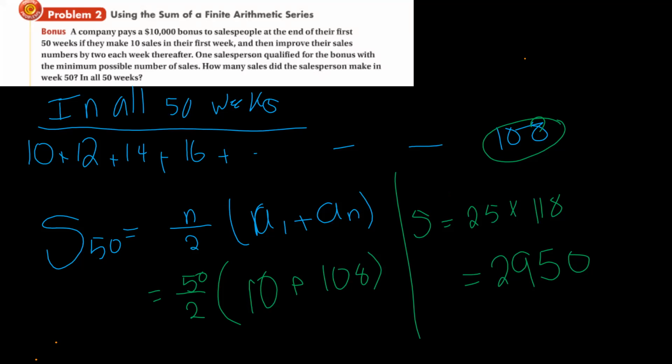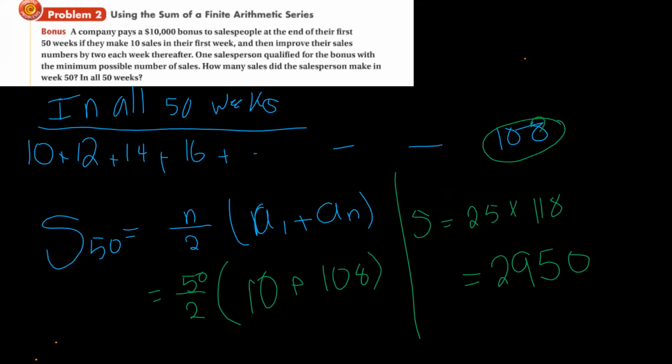Now, how many sales did he make in week 50 only? 108. So the difference between them, like the previous one, what is his grade on the 6th quiz? You will find only his grade on the 6th quiz by using the arithmetic sequence, a sub n.